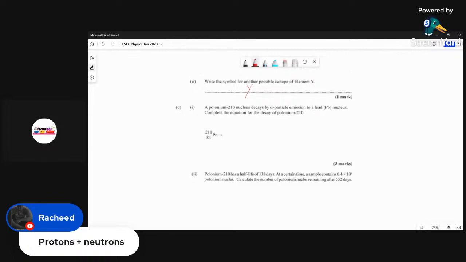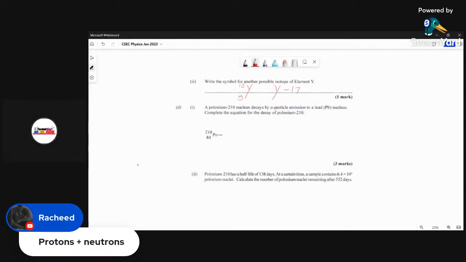Oh, okay, so she went even a step further. She didn't just give me the proton number, she gave me neutrons too. So she said 5 protons, 12 neutrons. So she could also write it to be Y17. Good job.